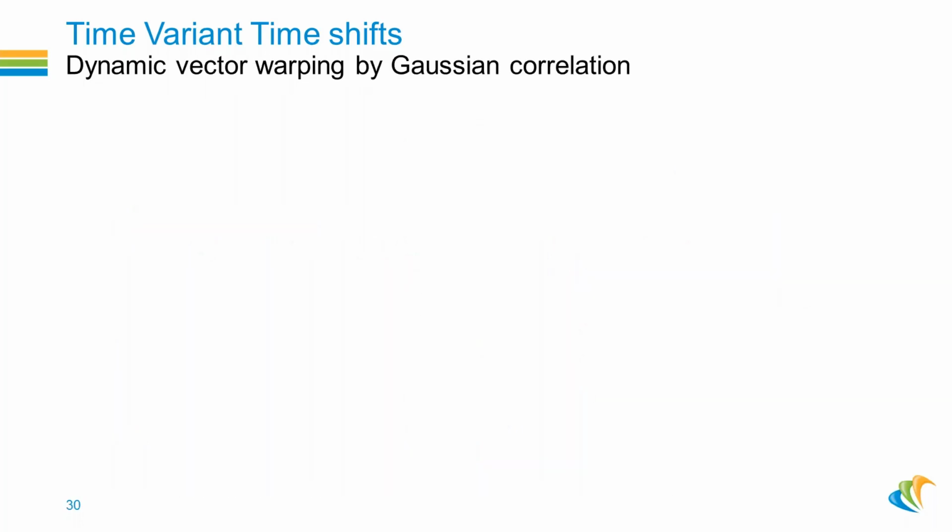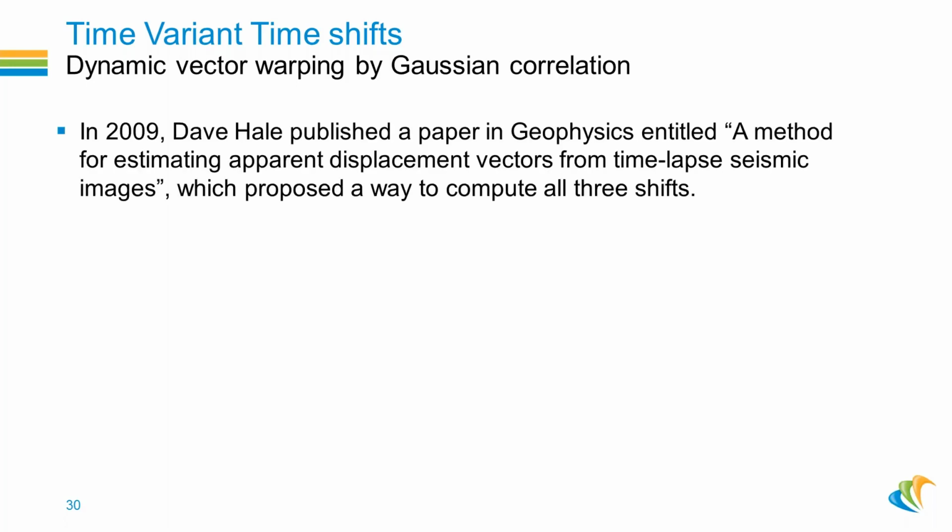Another way to do this warping, that was warping in the vertical direction, but it could be warping in three dimensions. So this is called dynamic vector warping by Gaussian correlation. And Dave Hale published a paper in Geophysics, a method for estimating apparent displacement vector from time-lapse seismic images, which proposed a way to compute all three shifts.